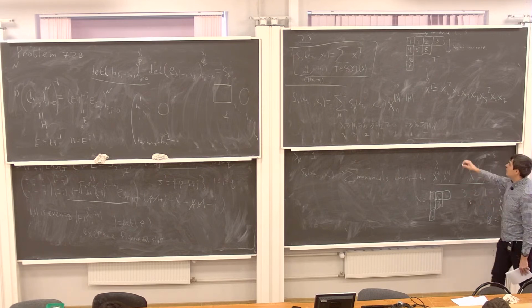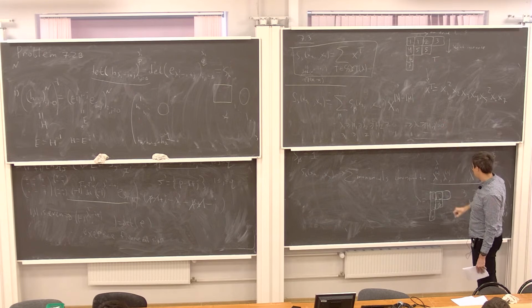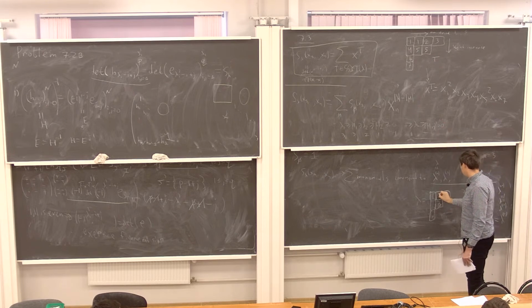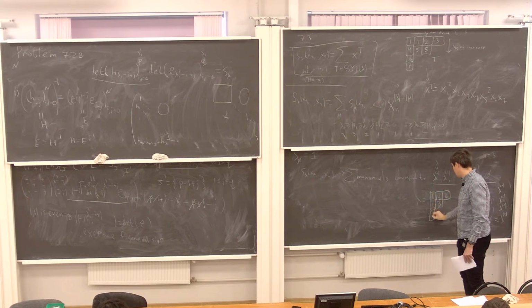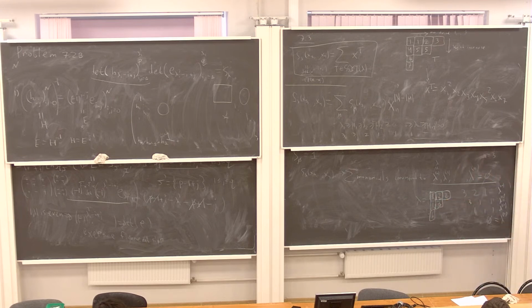And probably I should put here greater than 0. And 1, 1, 1 is 2, 2. But no, it's not. That's bad. It's not semi-standard, right? Oh, it is. It's something like with transpose.